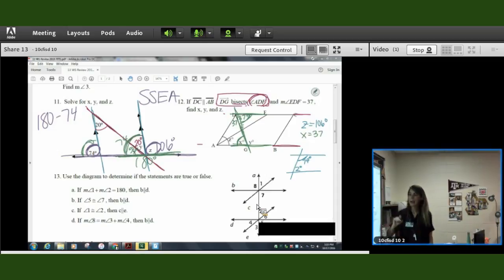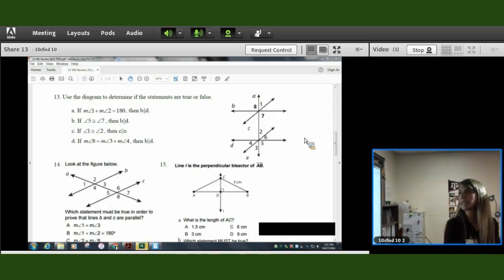How do we find Y? How do we find Y, and don't say it's 37? It's the linear pair with X. 143. Awesome. So we used same side interior, we used alternate interior, and we used linear pair. Three different concepts.